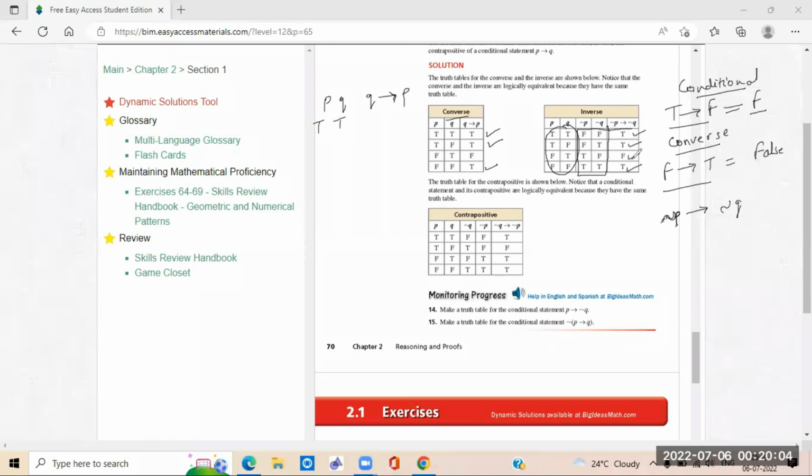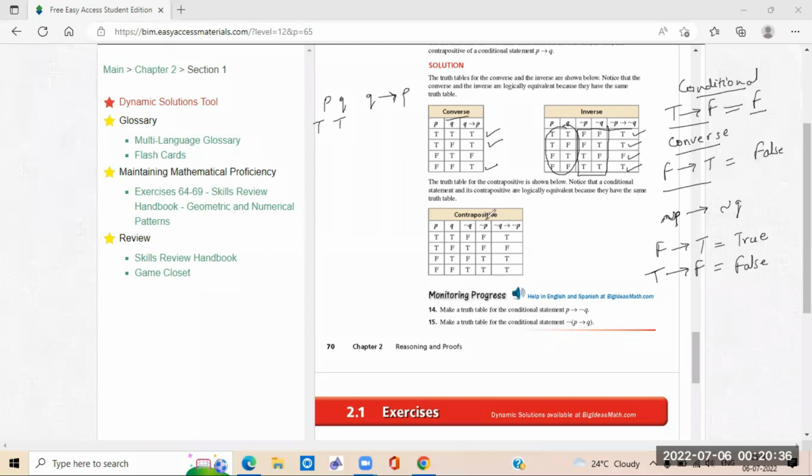So you can see even in this particular table, three of them are true. False implies false is true, true implies true is true, false implies true is true. And what is going to be the false statement? True implies false is going to be equal to the false statement here.